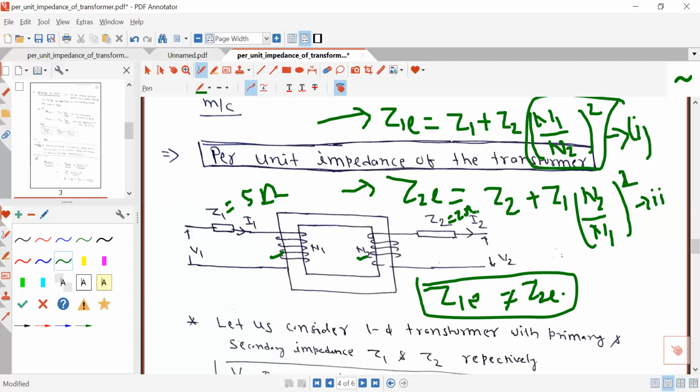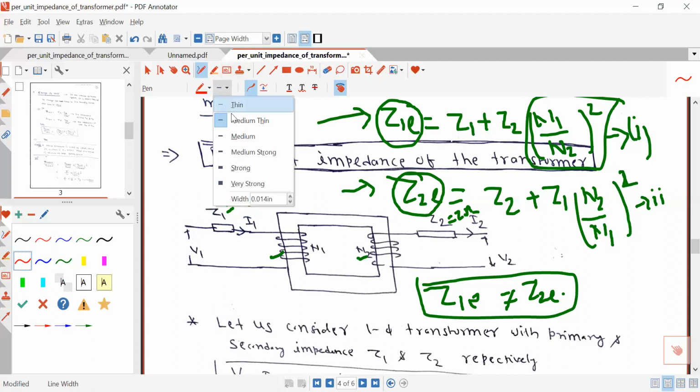Then the knowledge of turn ratio is very important, because you cannot calculate the total impedance without it, whether referred to primary or secondary.